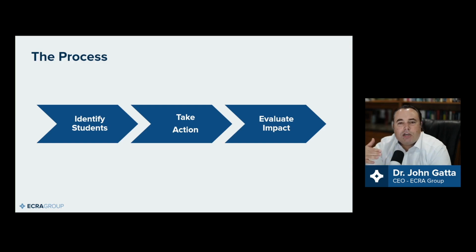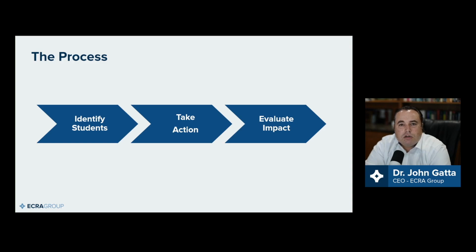So the identify students piece is the piece of using the predictive models to establish projections and probabilities, and then having the dialogue amongst educators and even drafting policy and practices around at what point do we need to identify a student or intervene because we don't like the trajectory that they're on, the trajectory that the model is producing. So this first chevron is about identifying students by interacting with future projections.